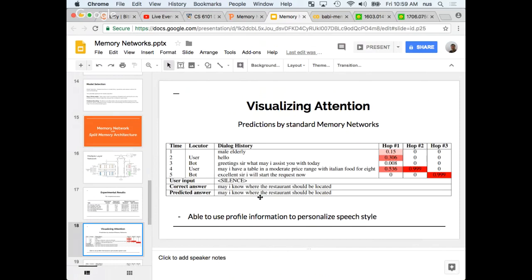If you are an elder person, they will greet you with, okay, greetings, sir. In another example, they go with much friendlier words and use the word assist you, and they change the whole grammar based on your profile. So they are constantly weighting those hops based on your profile and giving you the results in that form.